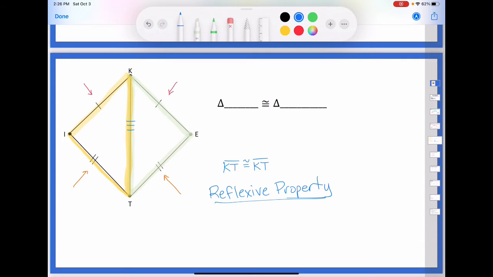All right, and the idea of the reflexive property, kind of like reflective, like looking in a mirror, right, is that any side or angle is congruent to itself, right? And this is only used when we're proving triangles congruent.